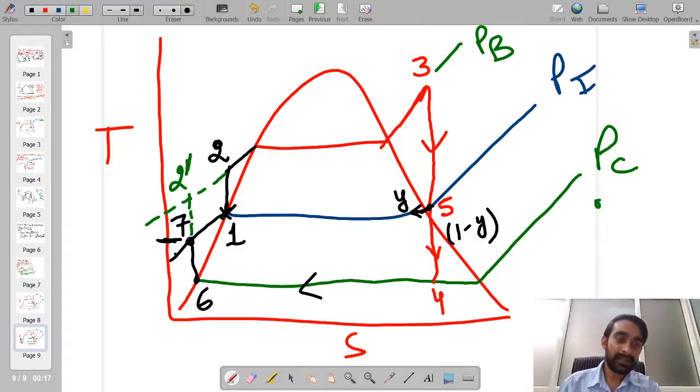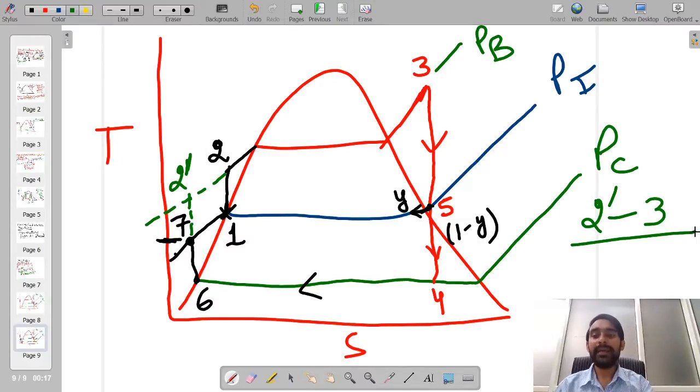So because of that the heat addition process would have been 2 dash to 3, which in our actual case, including the open feed water regeneration, is happening from point number 2 to point number 3.